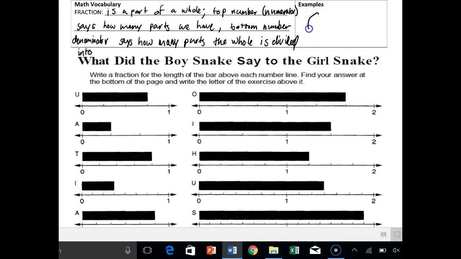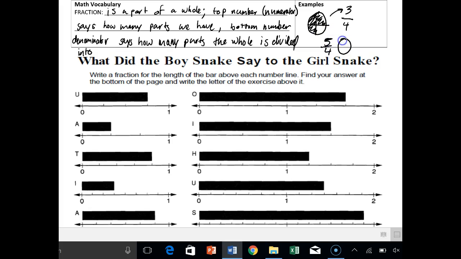For instance, if they give you a circle and they say, all right, this is shaded like this, right? Your numerator is 3 and it's divided into 4 parts. That's your denominator, right? 3 over 4. You can also have improper fractions where the numerator is larger than the denominator, so something like 5 over 4, right?